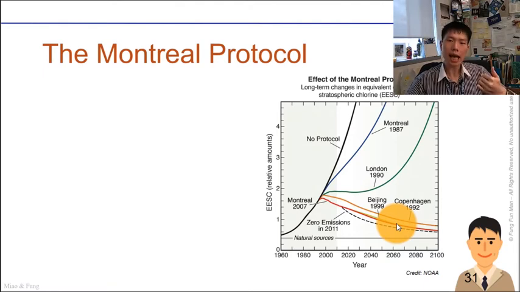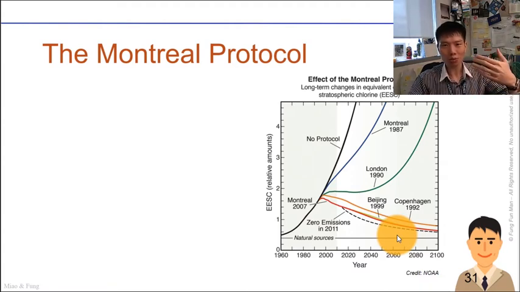Since then, it has undergone 9 revisions, in 1990, 1991, 1992, 1993, 95, 97, 98, 99, and the latest in 2016 in Kigali, Rwanda. You might ask, how come there are so many revisions? Because when you have new data and we find a certain approach doesn't work, you just have to change.